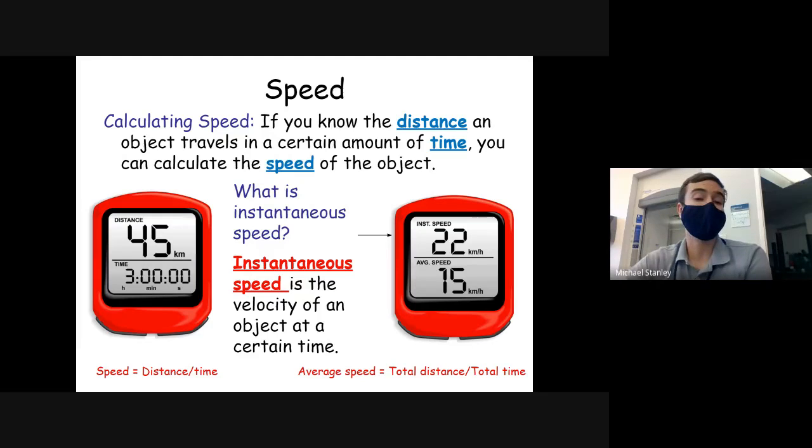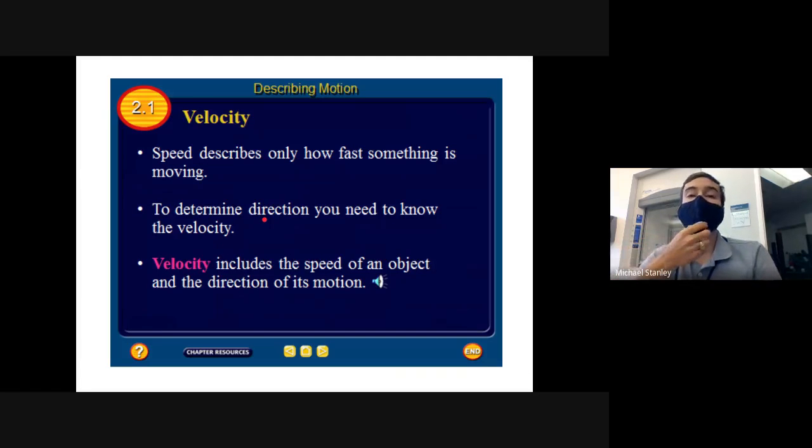So speed, distance over time, tells you how fast somebody was going for certain trips. So speed is just how fast something is moving. Velocity, on the other hand, is a little bit different.